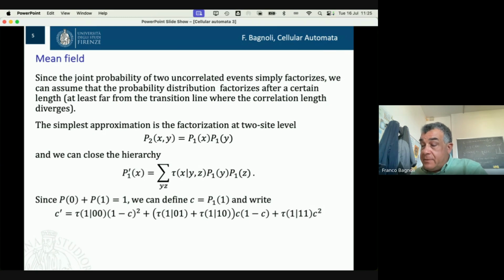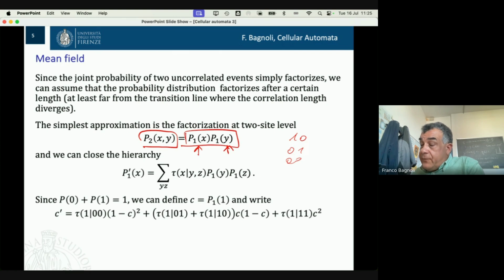Now, the idea is to truncate this recursion at a certain level. The simplest approximation is just to factorize the probability. This means that I assume that the joint probability of observing a pair of sites, say 1, 0, 0, 1, 0, 0, etc., is just the product of the probabilities of observing the single sites.